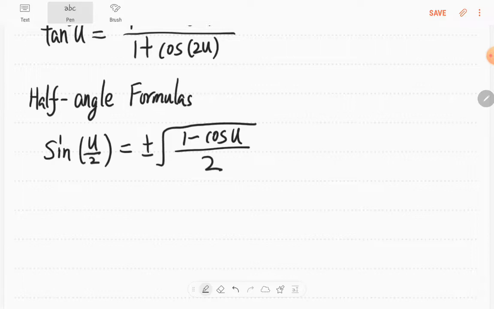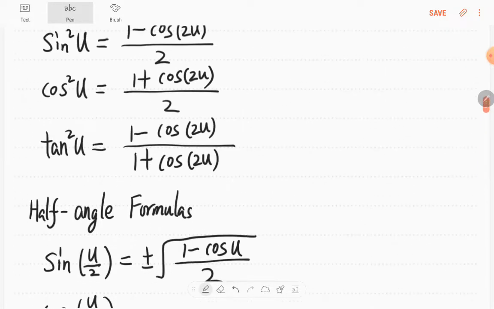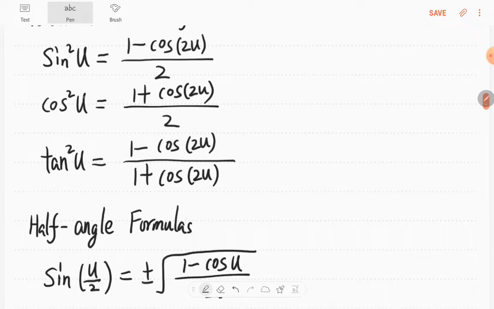So it could be positive or negative, depending on which quadrant u over 2 belongs to. If u over 2 is in the first or second quadrant, then sine would be positive, otherwise negative. For cosine of u over 2, you just replace u with u over 2, and it becomes u here, and u over 2 there, then take the square root.